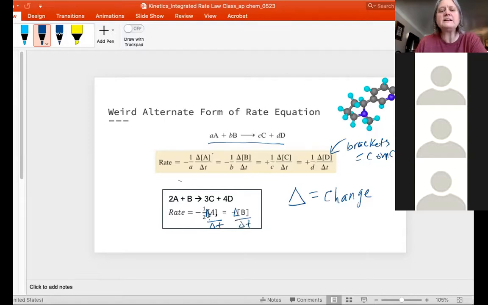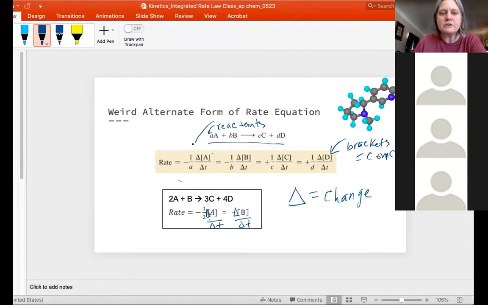But the key thing is it should be the change in the concentration of A over the change in time, the change in concentration of B over the change in time. This is important, it's negative. The rate is equal to the negative change in concentration of A because these are reactants, right? You almost always say the rate in terms of reactants.